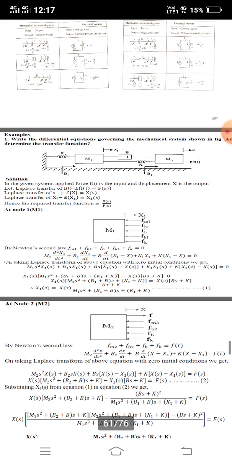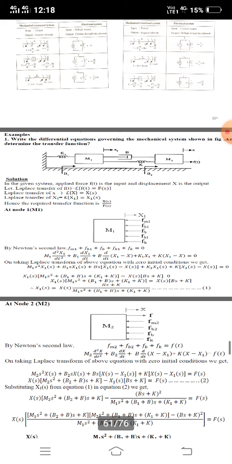Like this, we can solve at node m2. M2 has input f and output x, then all the connected forces. So the input f(t) equals the sum of connected forces. Each and every force has some formula, the mechanical translation formula, which you apply.